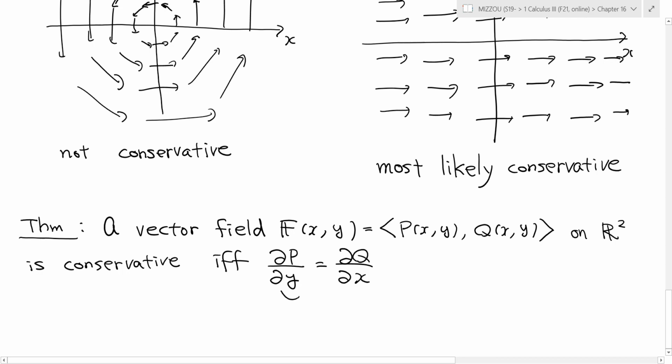Namely, you differentiate the x component with respect to y, and the y component with respect to x. If they are equal, then the vector field is conservative.